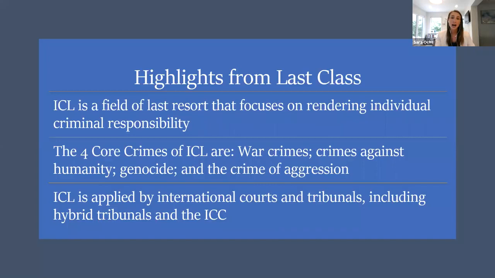However, we do have hybrid criminal tribunals that are prosecuting cases involving international criminal law. These are in places like Cambodia, prosecuting crimes that were committed in Kosovo. They've been in Sierra Leone. Those are still going strong. And then, of course, we have the big kahuna, the International Criminal Court, which we will dive into talking about right now.